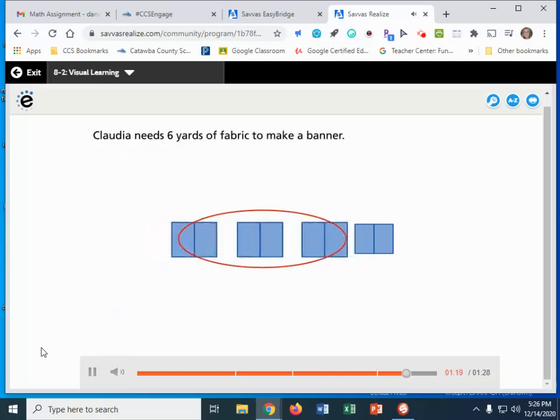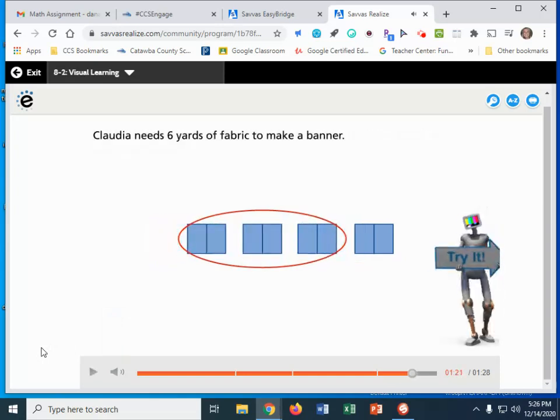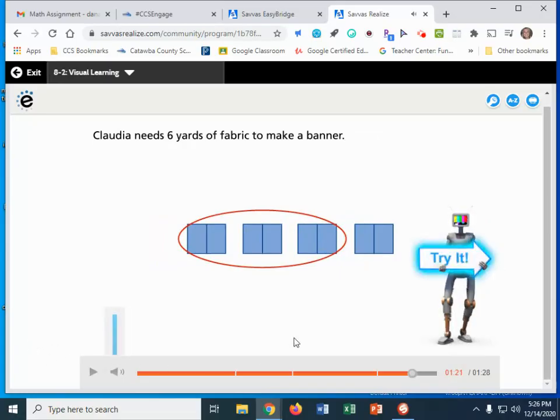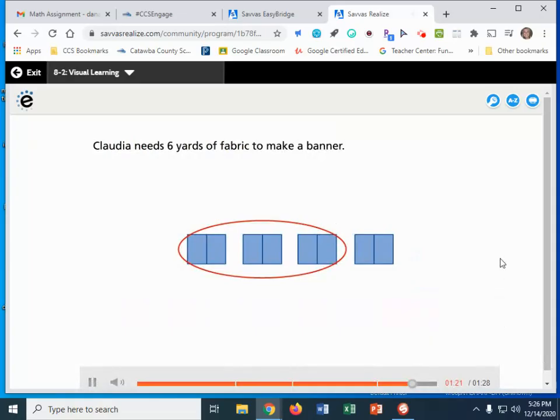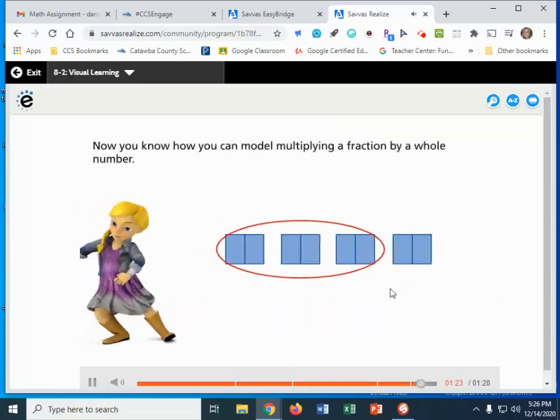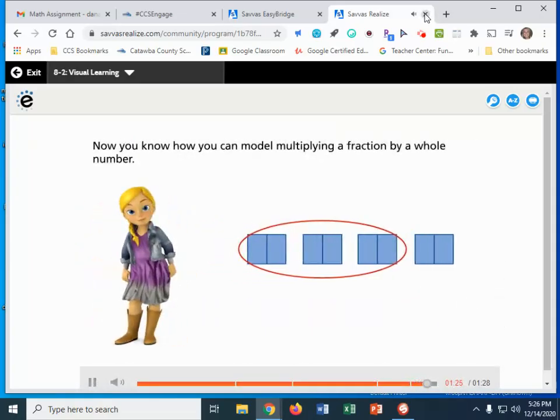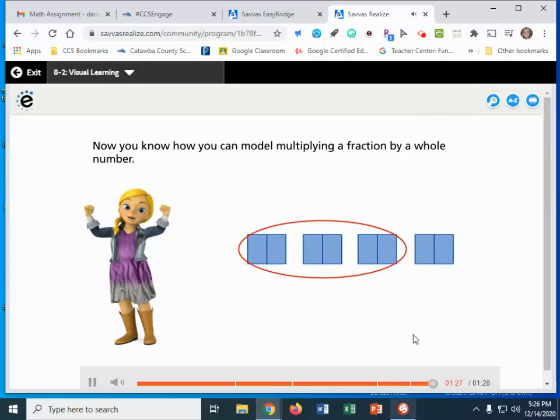Claudia needs 6 yards of fabric to make a banner. All right, so we're at 3/4 right here. I've drug it across. That takes us to 6 yards. Now you know how you can model multiplying a fraction by a whole number.